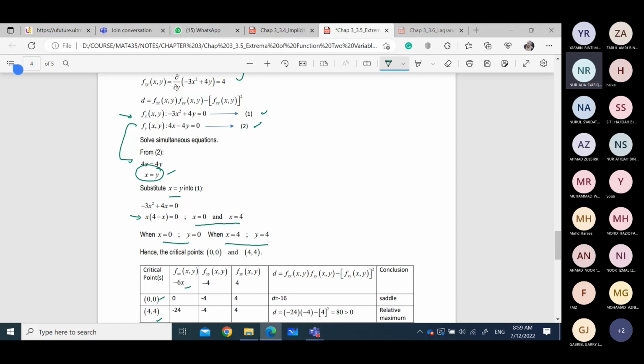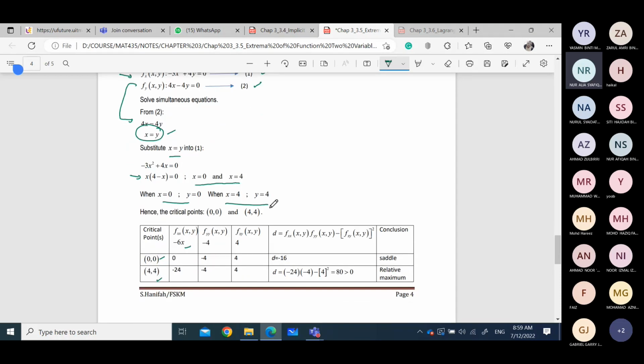Okay, so you masukkan nilai x. Then for the first critical point (0, 0), the second order derivative with respect to x is 0. And for the second critical point, which is (4, 4), the second order derivative with respect to x on the surface is negative 24, which is negative 6 times 4. So you masukkan nilai x dan juga y. Kalau ada y, masukkan y.